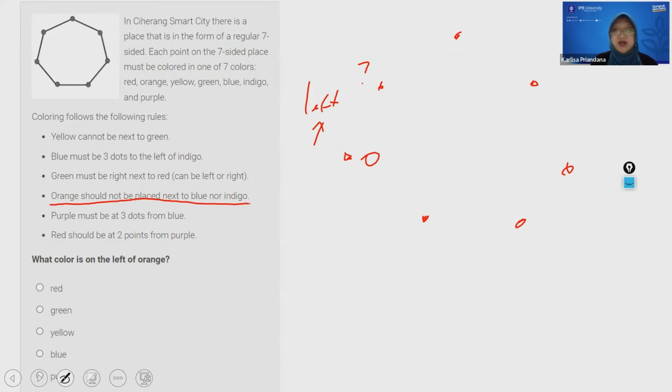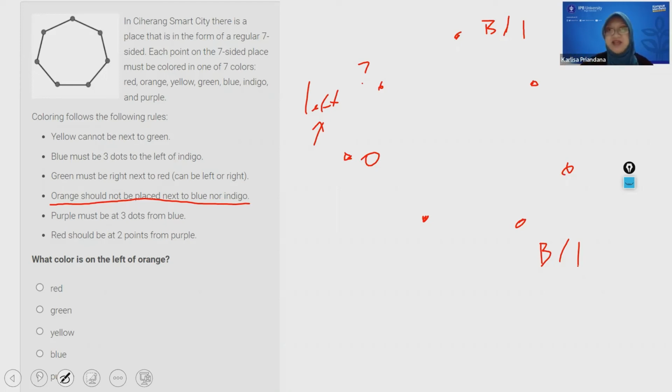So blue and indigo cannot be next to orange. So that means blue or indigo should be around here until here. And you know that blue must be 3 dots to the left of indigo. Blue should be here, right? Because we agree that left is clockwise.